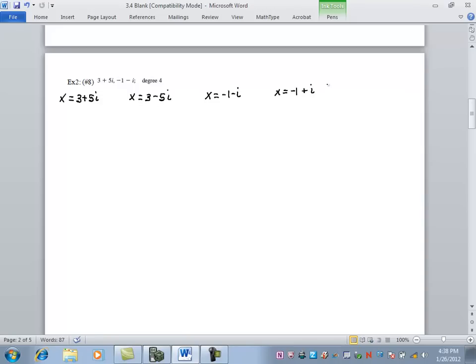So with that in mind, if those are all my zeros, then x minus 3 plus 5i is going to be a factor. x minus 3 minus 5i is going to be a factor, and each of these equals 0 at this point. x minus -1 minus i is a 0, and x minus -1 plus i, that's a 0.